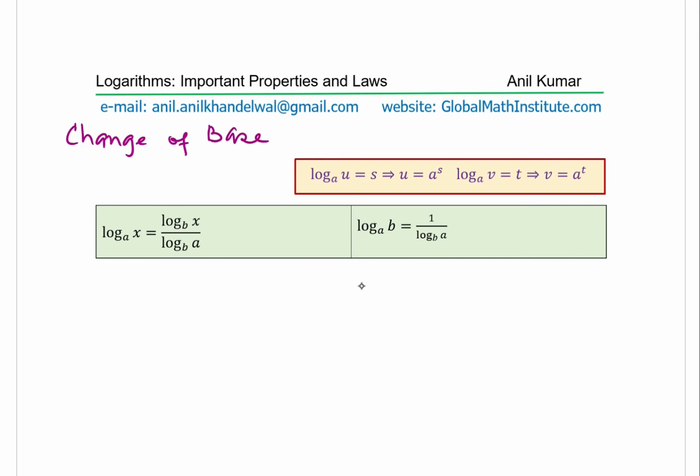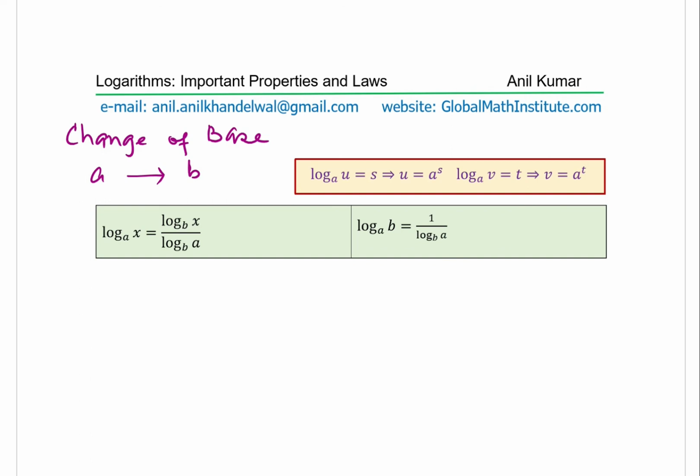So we are changing the base from a to b, right? So this is a general formula, and we could use this to change the base to 10, change the base to e, or anything else, whatever is relevant in a particular situation. Perfect. So that is the key to this.